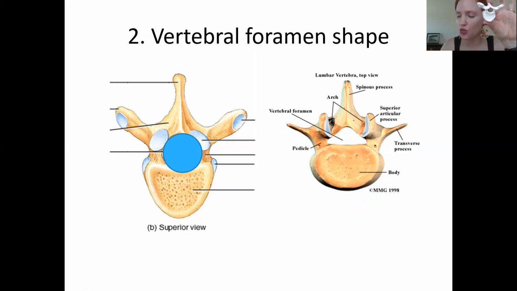That's going to indicate thoracic. Whereas when we look at the lumbar, here's lumbar, that creates more of a triangular shape. Okay, so when you compare the two, the thoracic vertebrae will have a round vertebral foramen, and the lumbar vertebrae will have a triangular vertebral foramen. Okay, that's the second one.